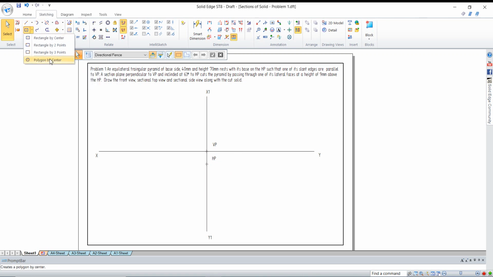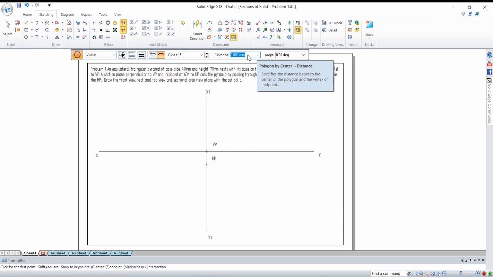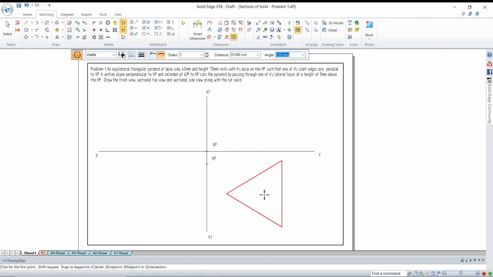Under the rectangular tab, polygon by center, 3 polygon. Roughly we'll give some dimension. It may change, then later we can correct the dimension. So you have 20 mm and we'll place it in this direction, parallel.